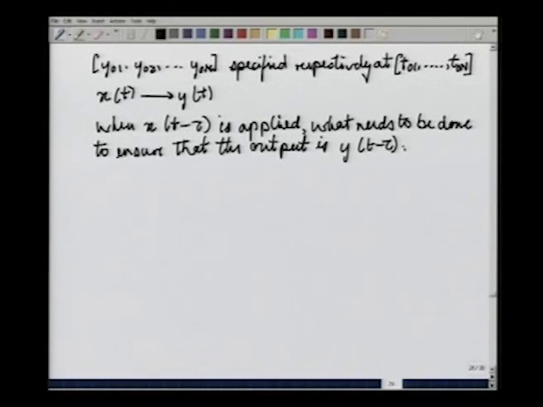What needs to be done means, of course, in terms of the auxiliary conditions. What do we need to do to the auxiliary conditions?